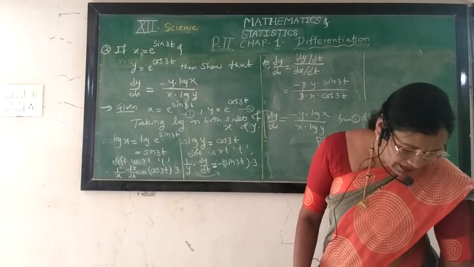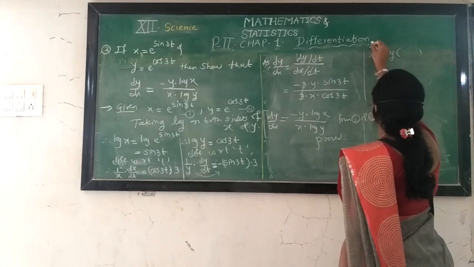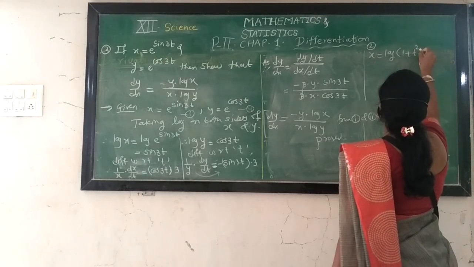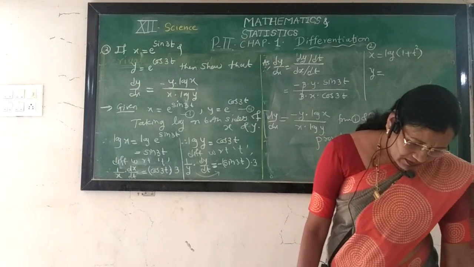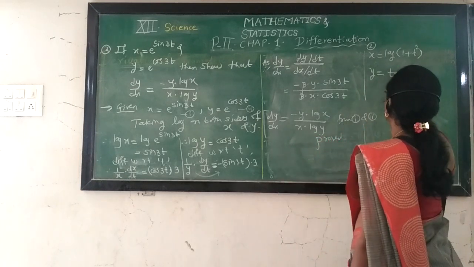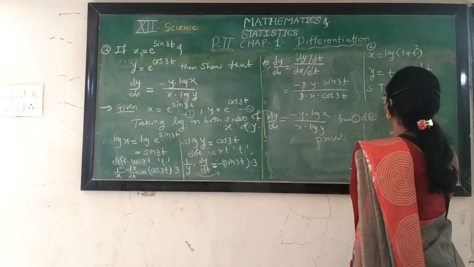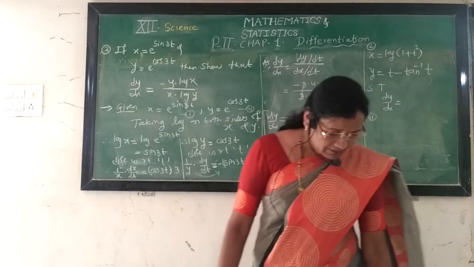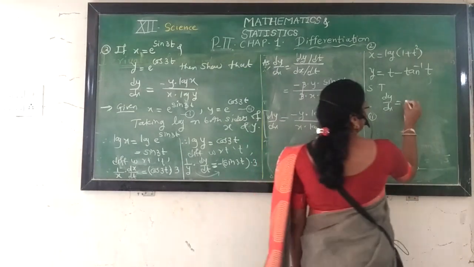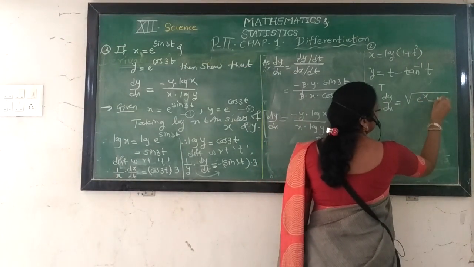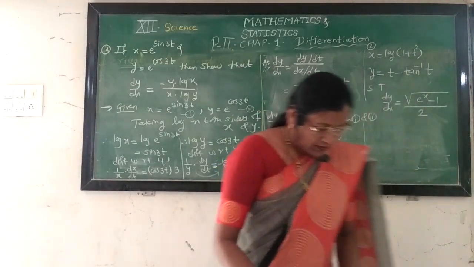Given that x is equal to log of 1 plus t square and y is equal to t minus tan inverse t, you have to show that dy by dx is equal to under root of e raised to x minus 1, upon 2. Again, this is a very easy question.